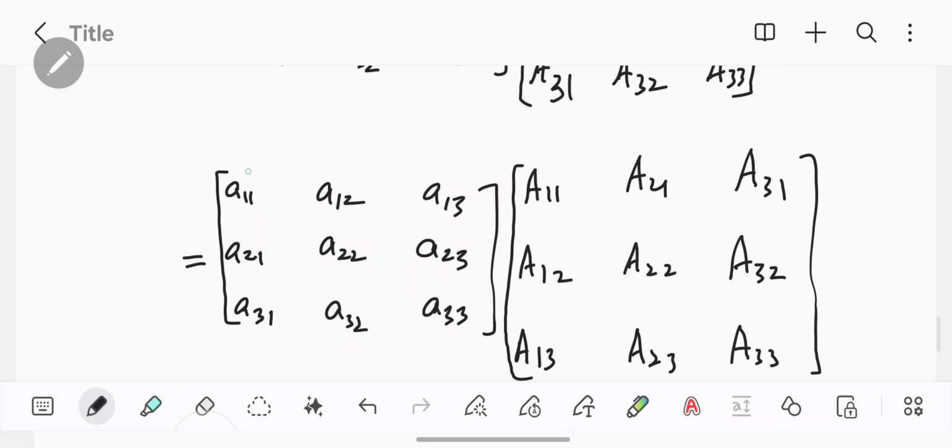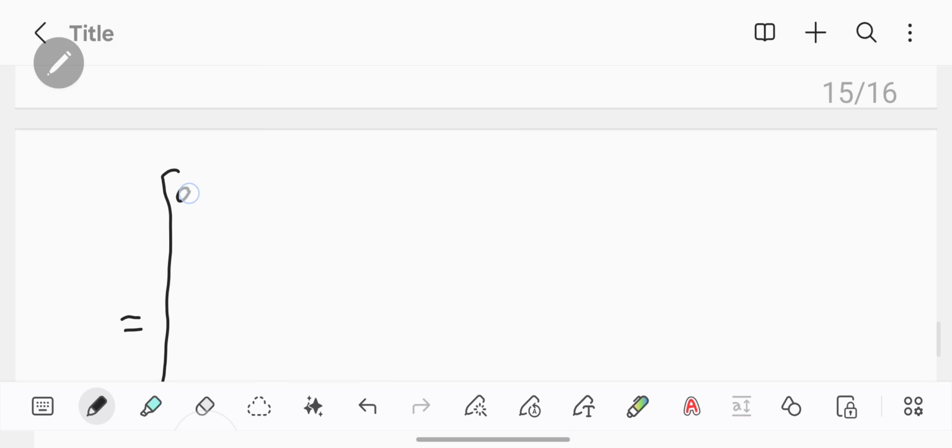Look how we multiply. First of all, I multiply this row with this column. I will get A11 A11, A12 A12, A13 A13.